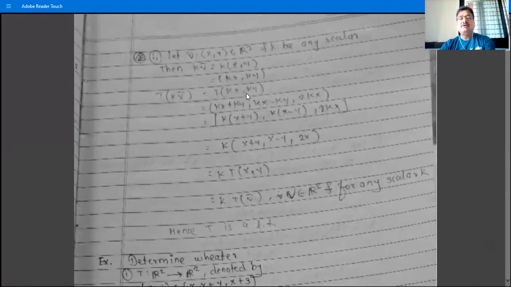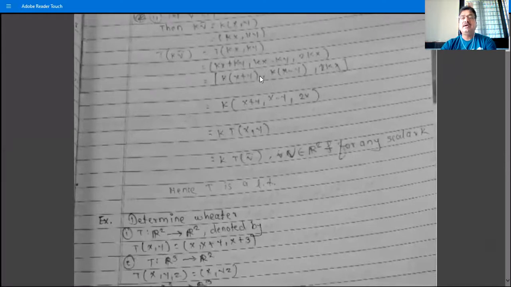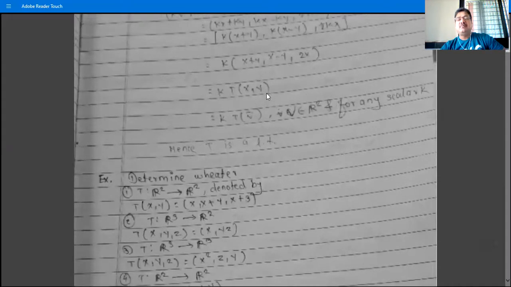By using the definition of T, it is (kx + ky, kx - ky, 2kx). If you take k as common from all these, we have k(x + y, x - y, 2x), and this is T(x, y). This (x + y, x - y, 2x) is T(x, y), and (x, y) is v.